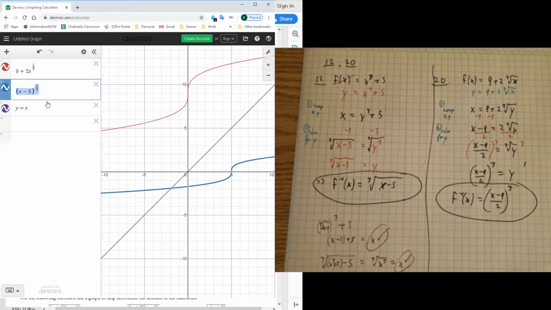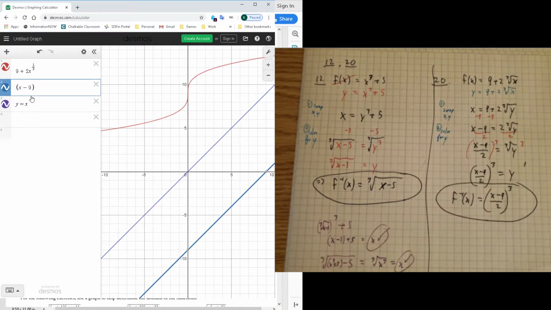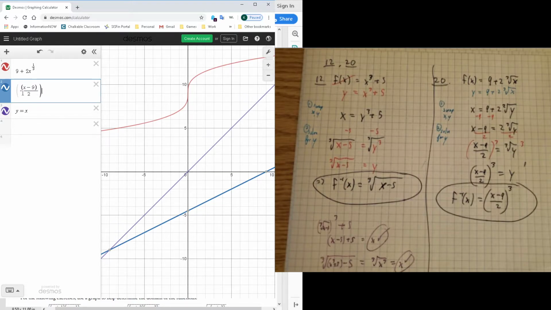And this one was parentheses x minus 9 divided by 2, and all of this is to the 3rd power.